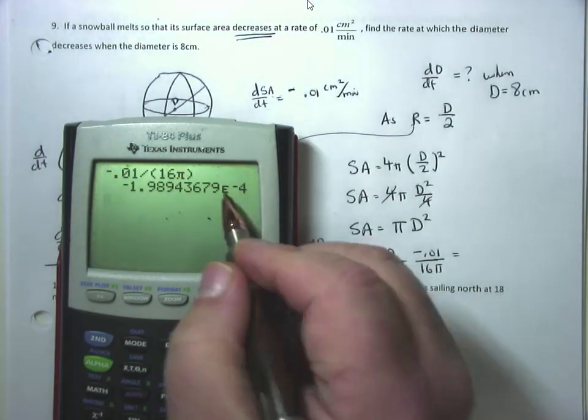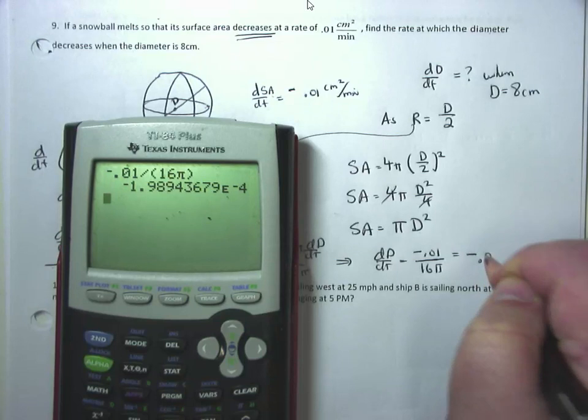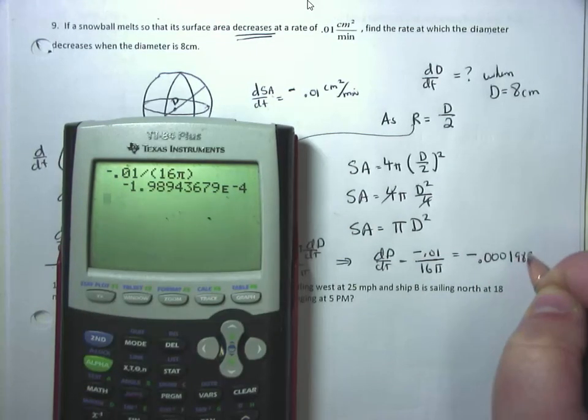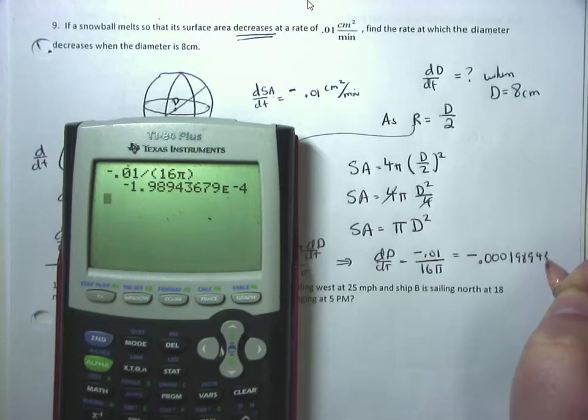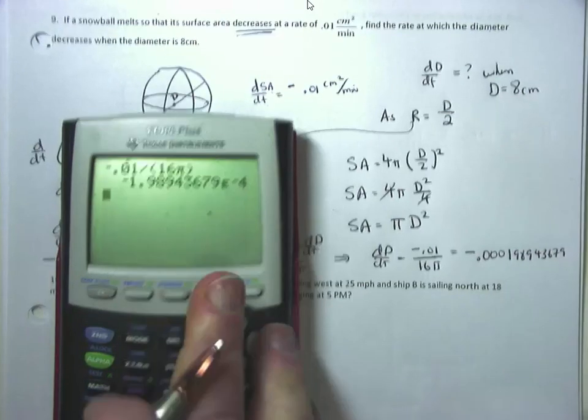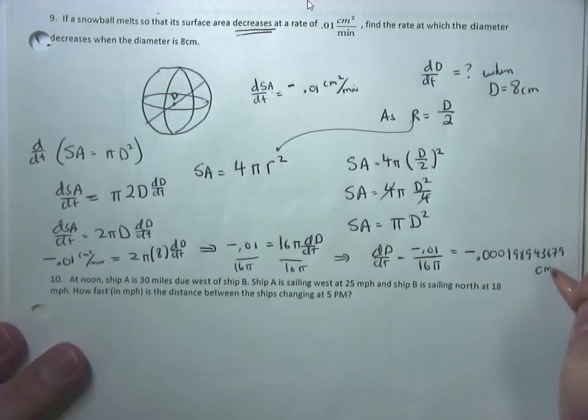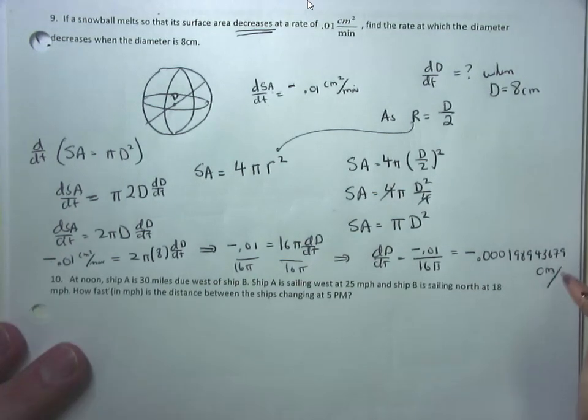And I get e negative 4, which means it'll be negative 0.0001989, 43679. What would my units be? What would diameter be measured in this problem? Centimeters. And what is time measured in this problem? Minutes.